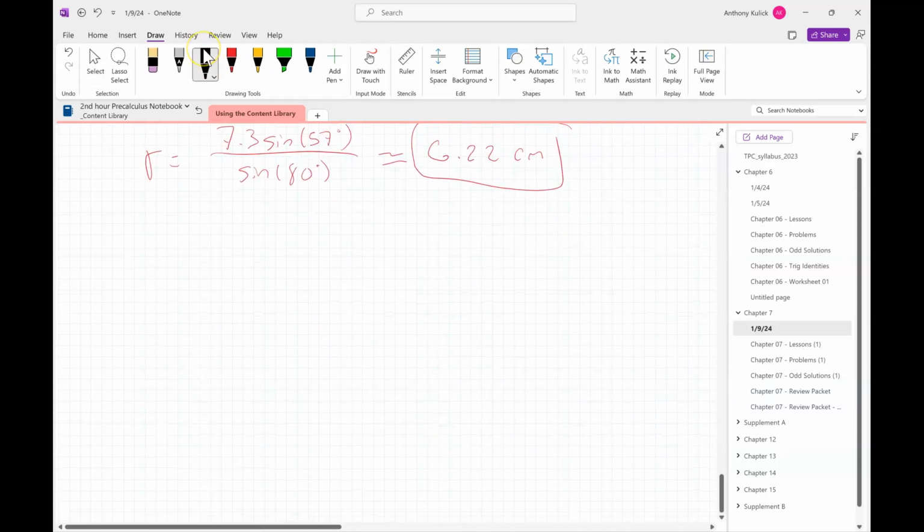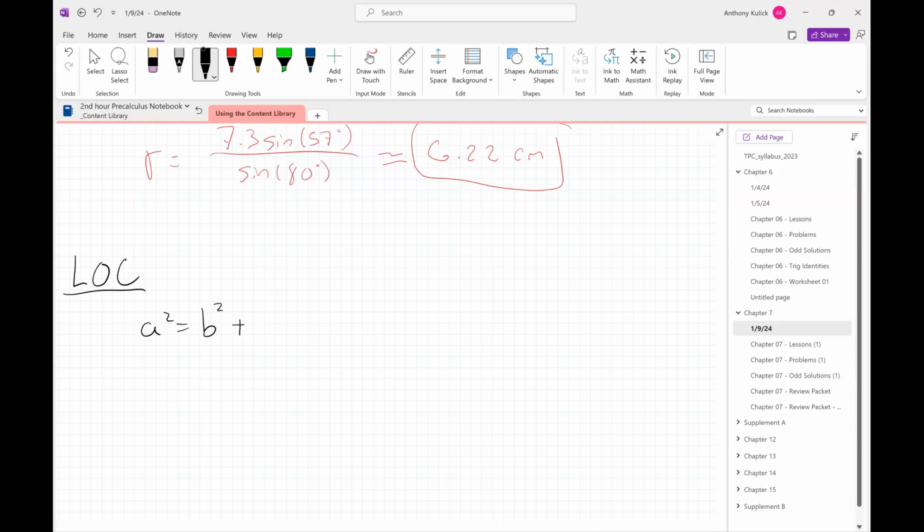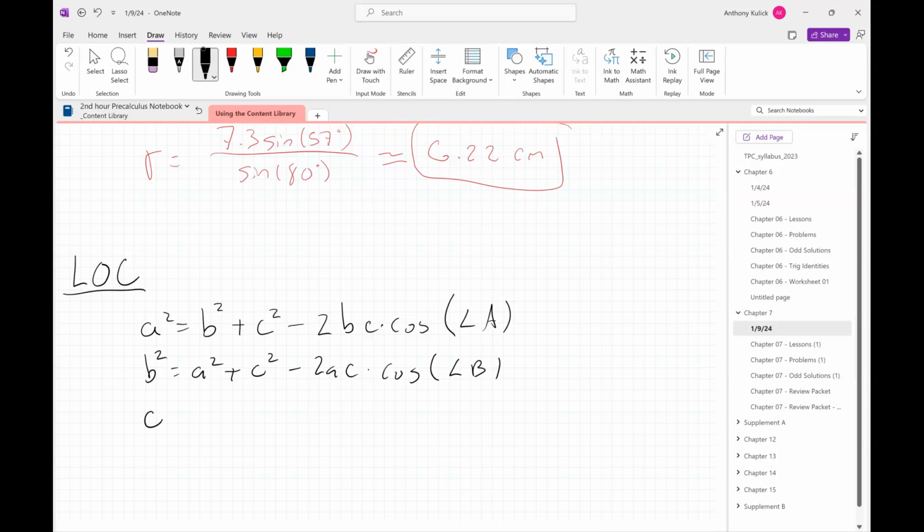So I'm going to just take a little detour there. So law of cosines says... Oh boy.